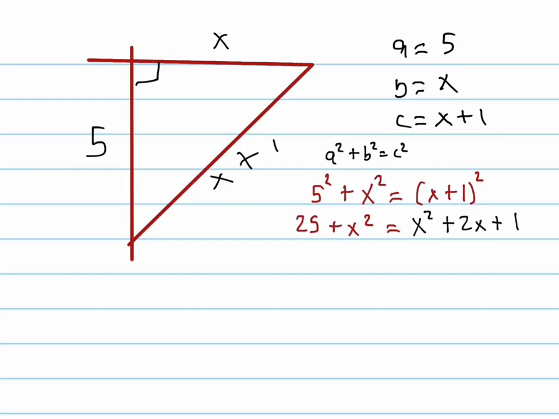Alright. This is a tough one, I know. We're doing something we already know, Pythagorean theorem, which I think everyone was pretty good at before we went on this distance learning. But now we have different steps to solve this. We have to get x alone.